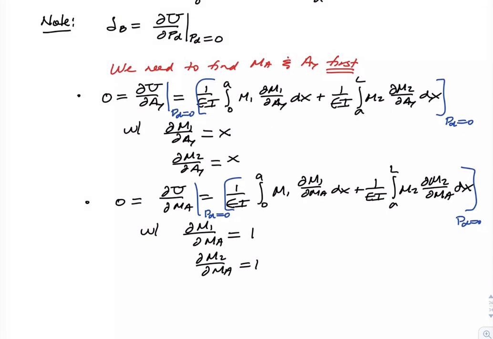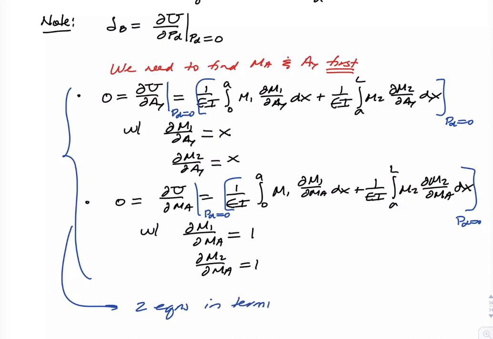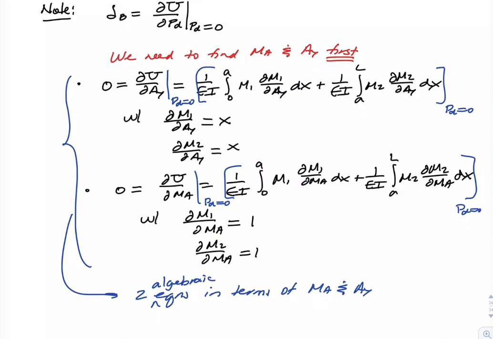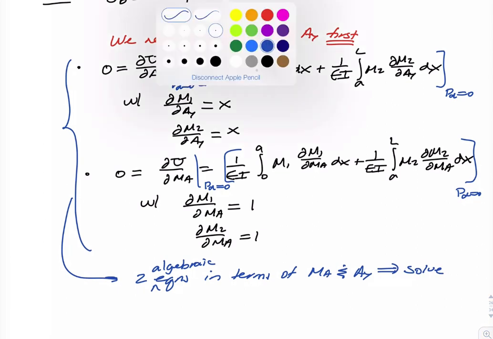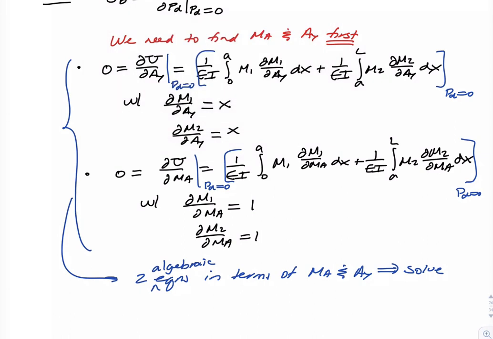What this gives us is two equations in terms of two unknowns, MA and AY. These are two algebraic equations. We solve. Once we have that, we can now go back and get what we really wanted.